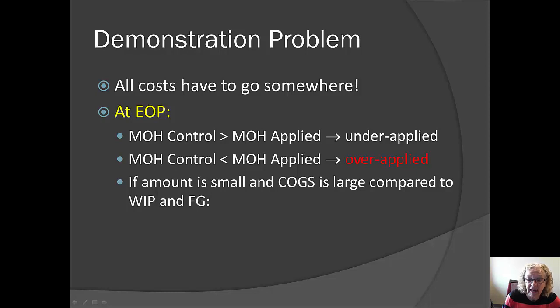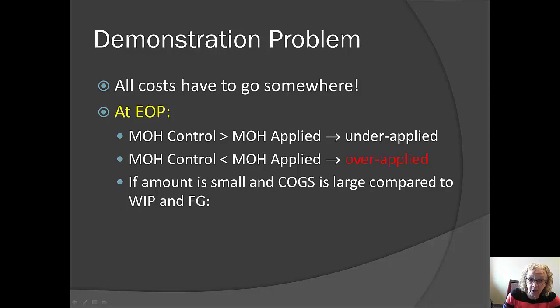These are not errors. They come because overhead control is actual costs for overhead, and overhead applied is an estimation. Nevertheless, we have to close the overhead account at the end of the period.